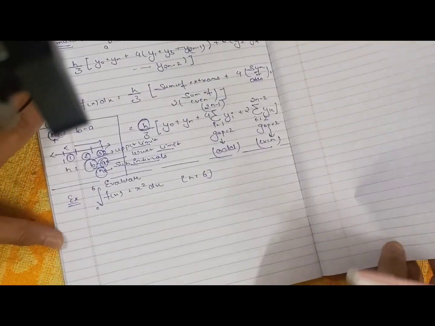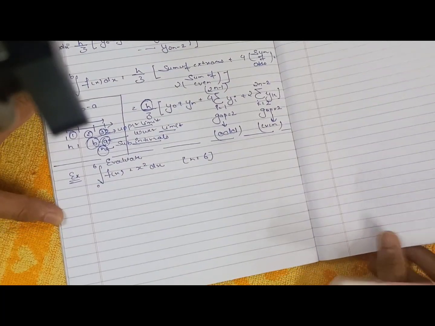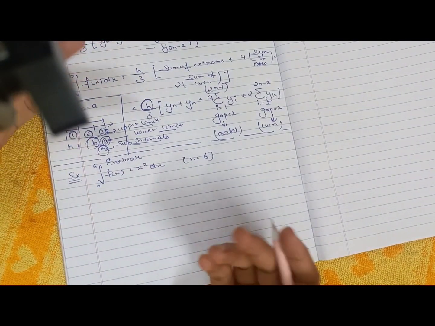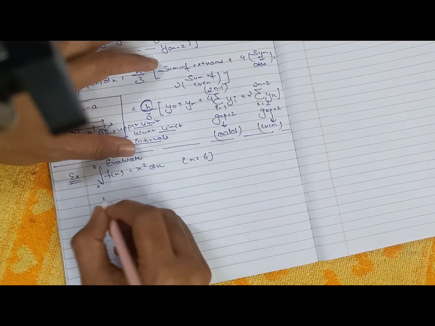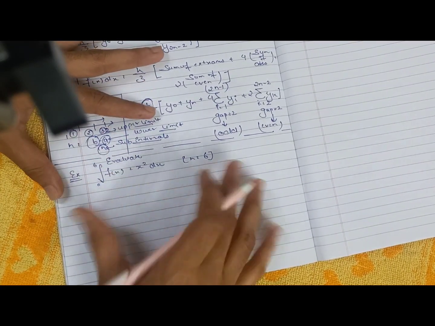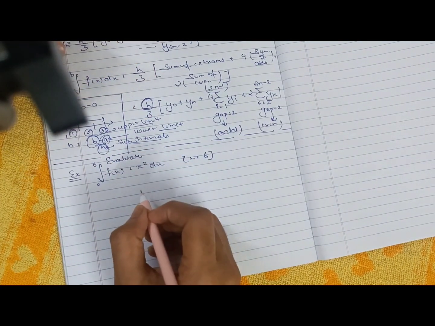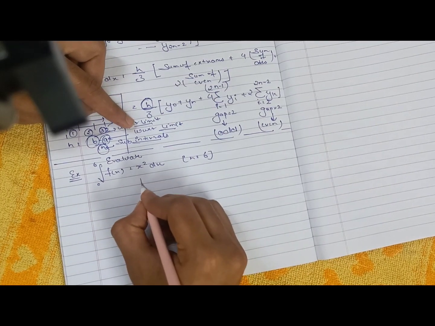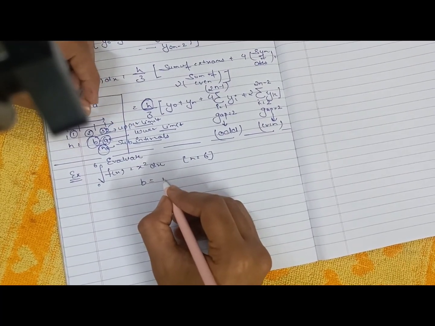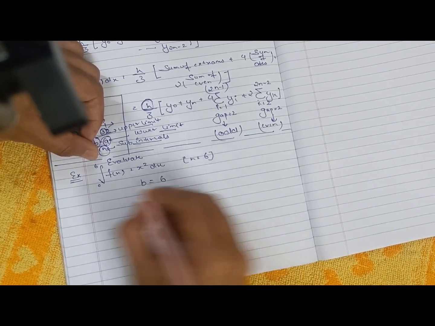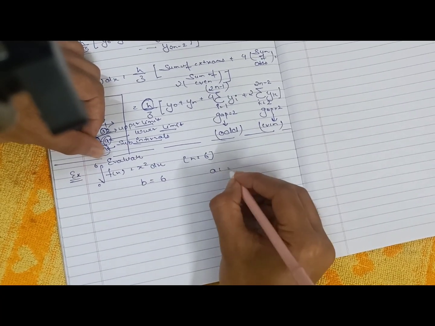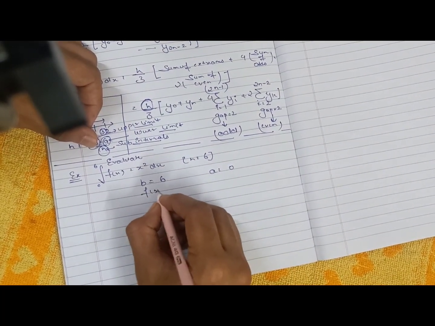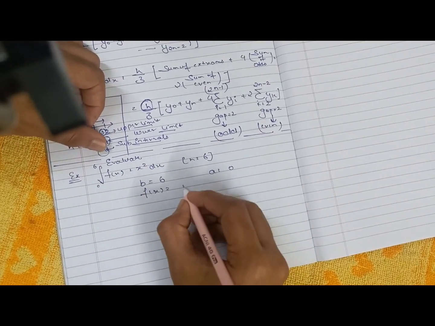Now we will evaluate and calculate the approximate definite integral value for this function. First we need to identify the upper limit, b is equal to 6, and the lower limit, a is equal to 0. Our function f of x is x square.